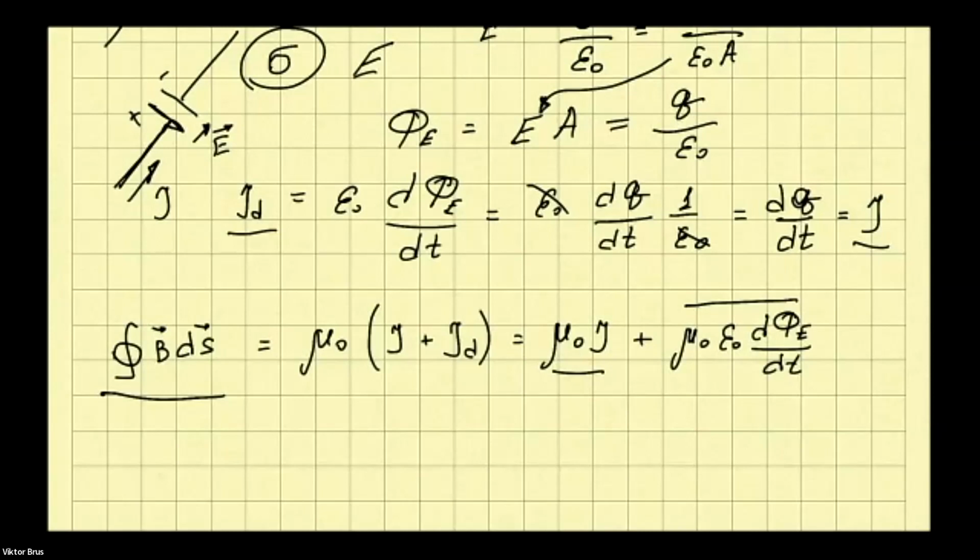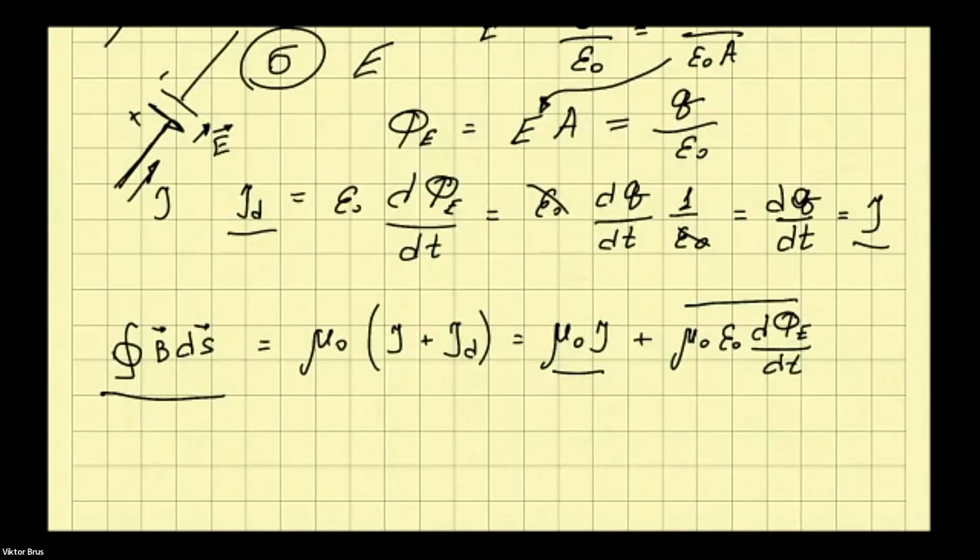So what it means from a practical point of view is that the source of magnetic field is not only conductivity current. A magnetic field can be created, we know this, by electric current which flows in a conductor, and we calculated this magnetic field.